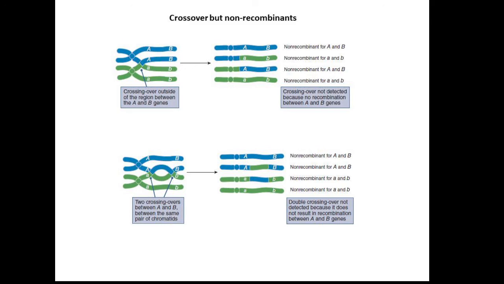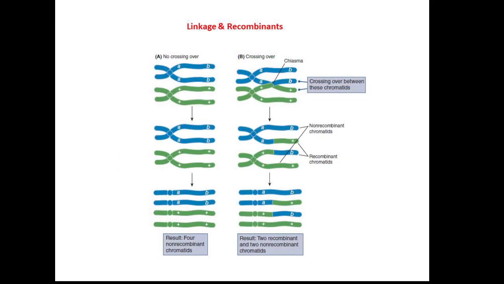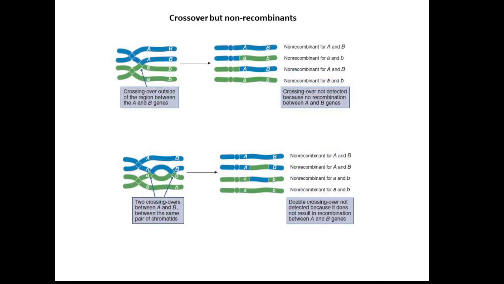Unlike in the previous slide that I showed, where plus and A and plus and B were exchanged with each other, in this picture capital A and capital B and small a and small b are still present on the same chromosome, in the same conformation. So there is no recombination happening, though there is crossing over.